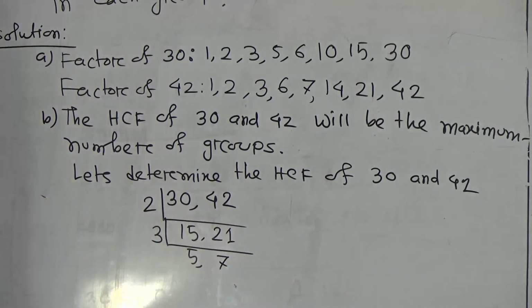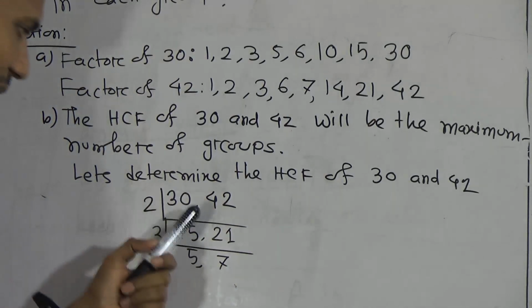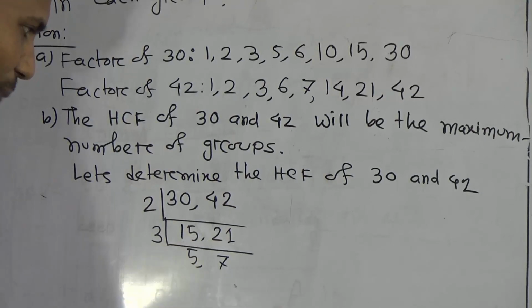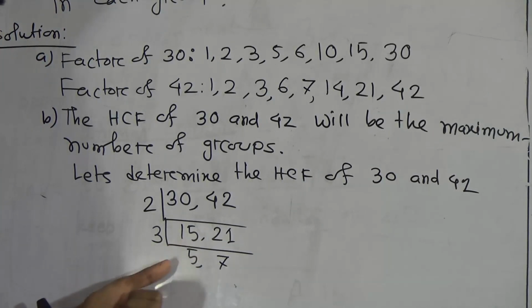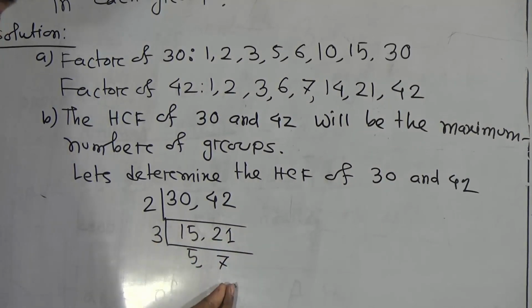At first we select the prime number 2. If you divide 30 by 2, you get 15. If you divide 42 by 2, you get 21. Similarly, if we divide 15 by 3, you get 5. If you divide 21 by 3, you get 7. Now see, 5 and 7 both are prime numbers. So there is no common prime number, and we cannot proceed now.